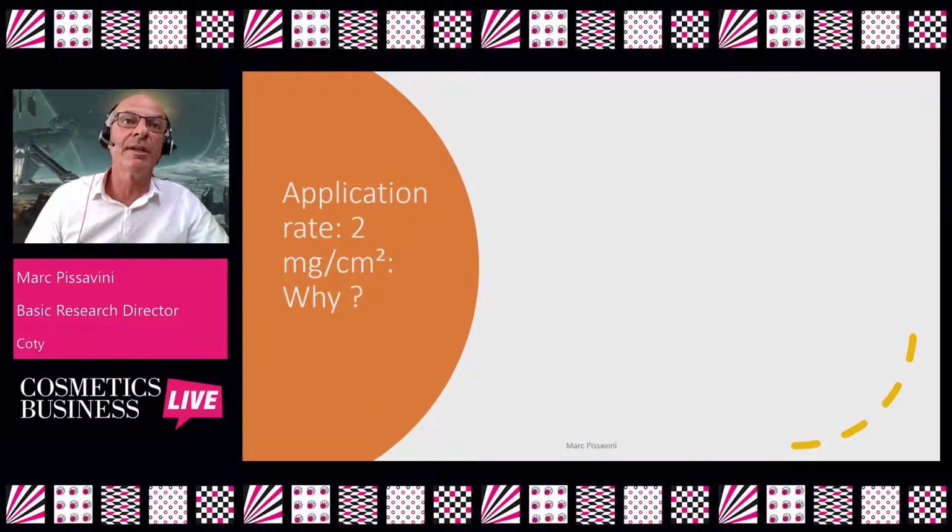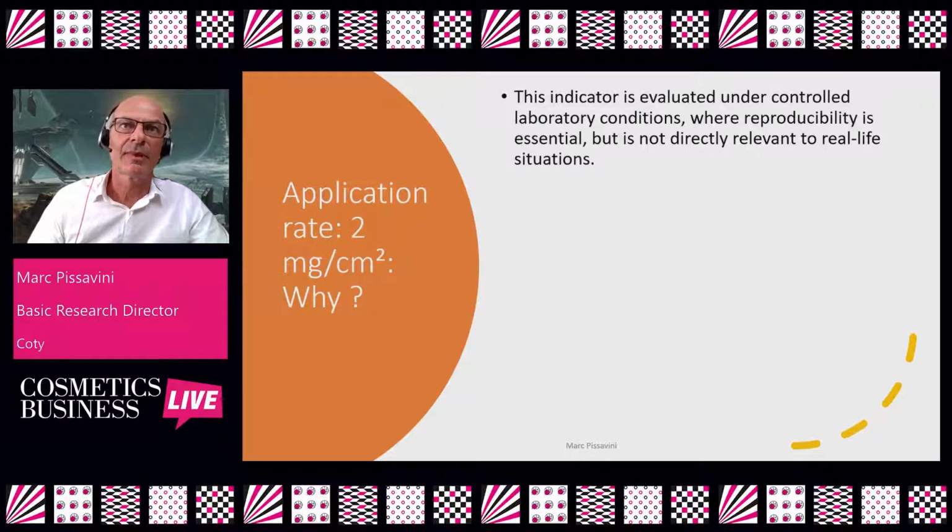So the question is, why do we use 2 milligrams per square centimeter in the reference method? It is quite easy to answer this question, because the most important thing when you want to develop or validate a method is to be reproducible and repeatable. And this method is only reproducible and repeatable at 2 milligrams per square centimeter.